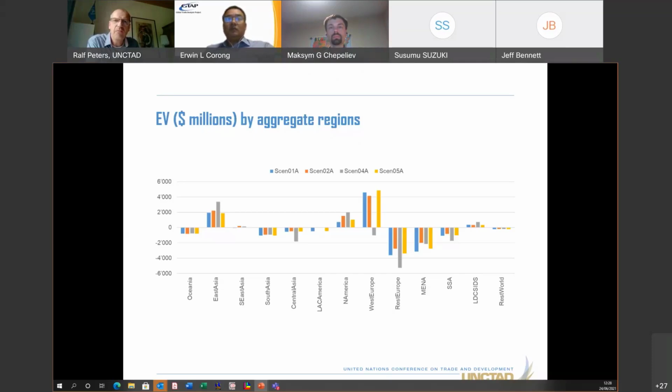So we made the assumption that if the EU wants to reduce the carbon emissions and introduce a CBAM, they should also within the EU have a more streamlined ETS system.